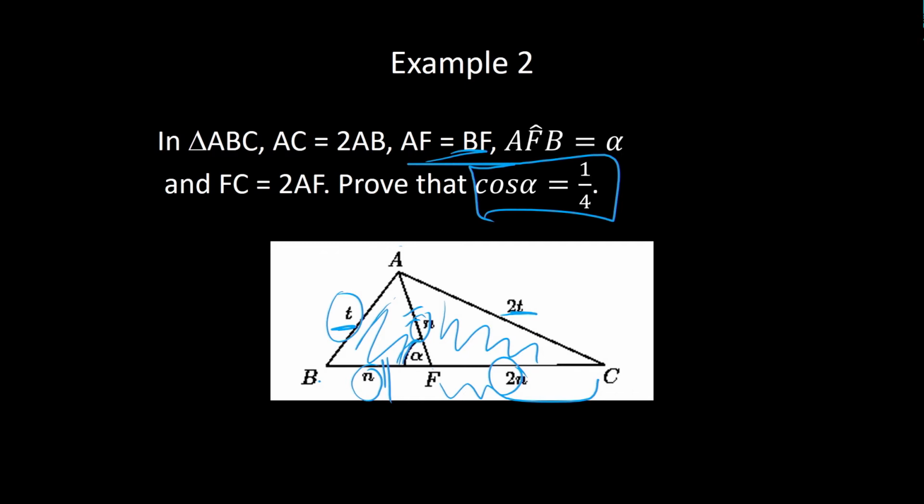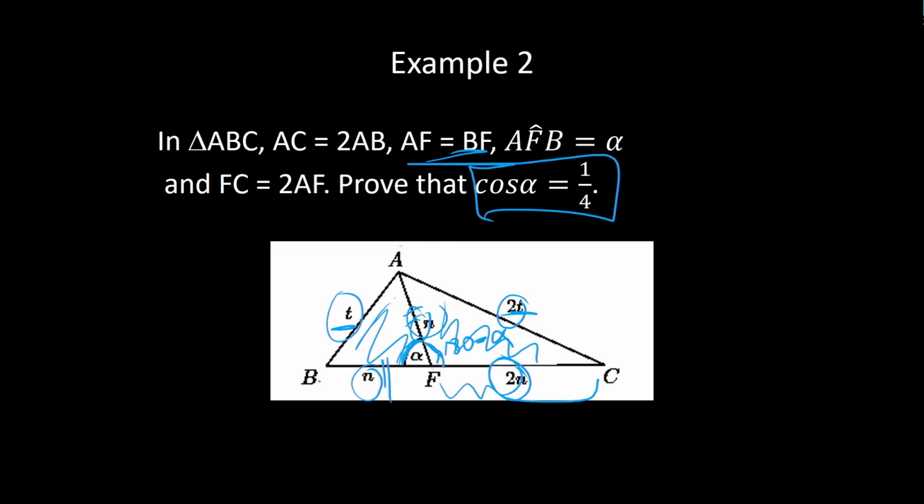I've got three sides and an angle, so I've got the included angle and two sides. That tells me I'm leaning towards the cos rule. If I look at triangle AFC, I've got three sides, once again telling me I'm probably going to use the cos rule, but also I've got an angle. Which angle do I have? Well, I know using angles on a straight line that angle AFC is going to be 180 degrees minus alpha.